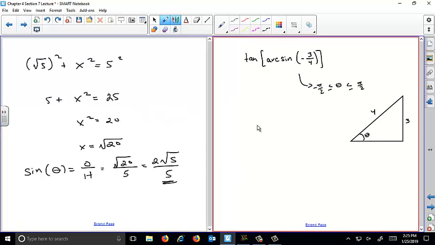Okay, here's another one. Now, here's the tricky part. We've got a negative. In this case, we're okay because both of these have the restricted domain from negative pi over 2 to positive pi over 2. When the sine is negative, the tangent is negative.